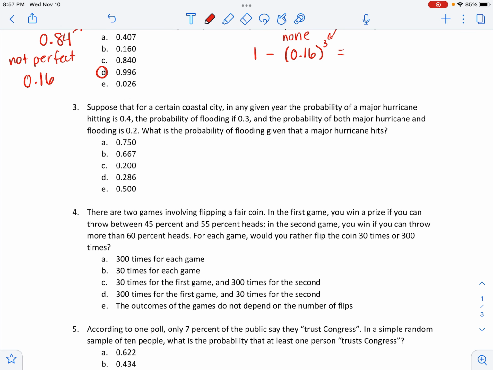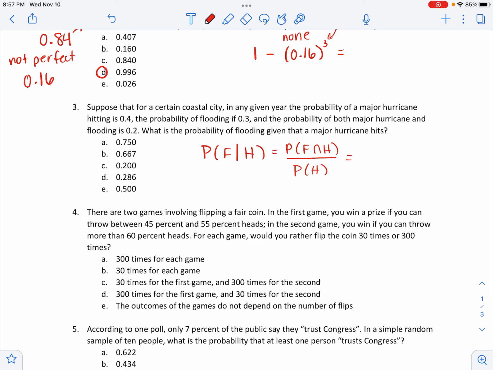All right, 3, suppose that for a certain coastal city in any given year, the probability of a major hurricane hitting is 0.4, the probability of flooding is 0.3, the probability of both is 0.2. What is the probability of flooding given that a major hurricane hit? So I want the probability of flooding given hurricane. And this is equal to the probability of flooding and hurricane over the probability of just a hurricane.